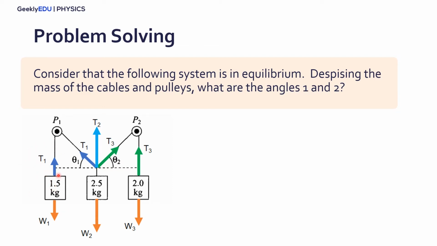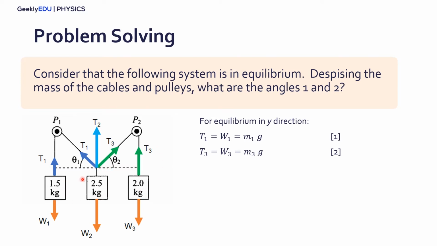as a reaction we have the tension 1 in the cable. So let's go for equilibrium in the y direction. Okay, for block number 1, we have that the tension force is the same as the weight force. And the same happens for block number 3.